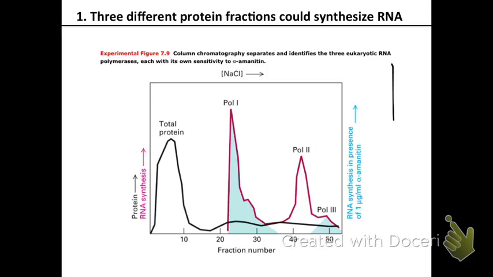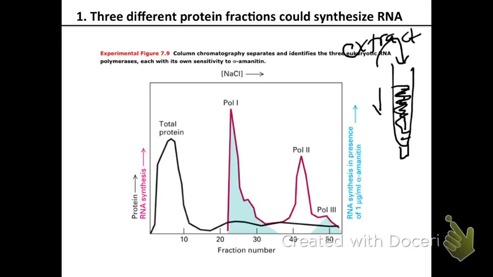So let's say this is your column, it's full of some material that's going to slow the proteins' migration through it. You put your extract up in here, and how fast the protein complexes go through this matrix, through that column, determines when the proteins come out, right?